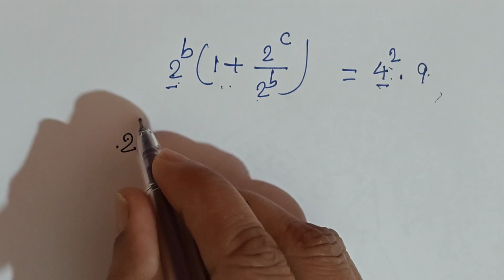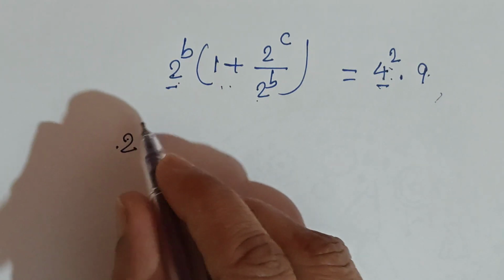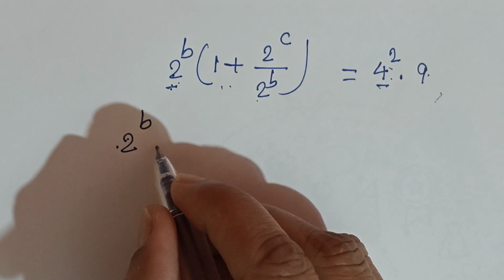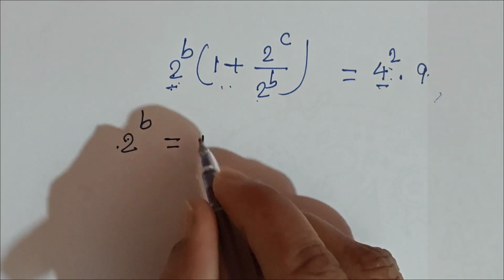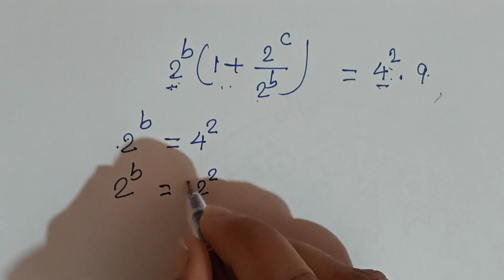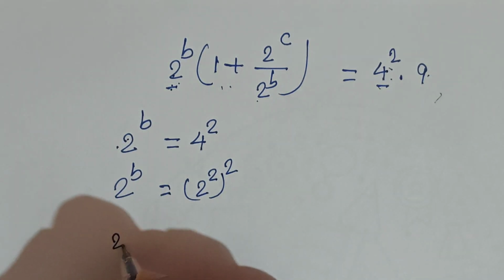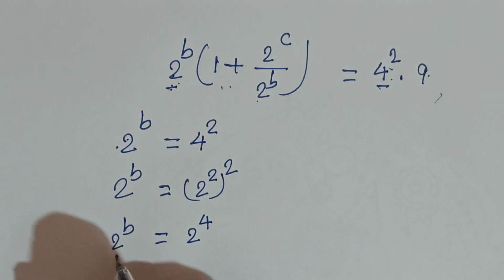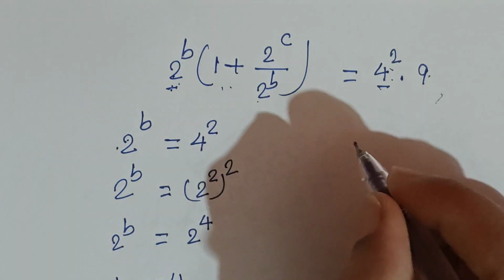So we can write here, 2 to the power b is equal to 4 to the power 2, which is 2 to the power 2 bracket 2, and 2 to the power b is equal to 2 to the power 4. So these are same, exponent will be same. b is equal to 4.